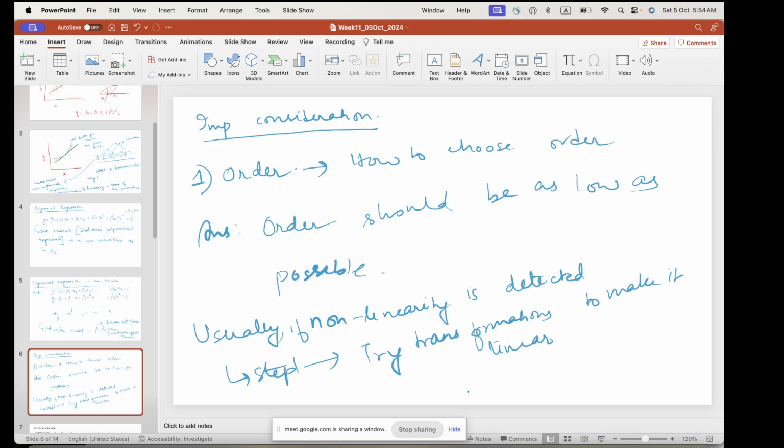We also learned about other forms of transformations like the Box-Cox transformation.